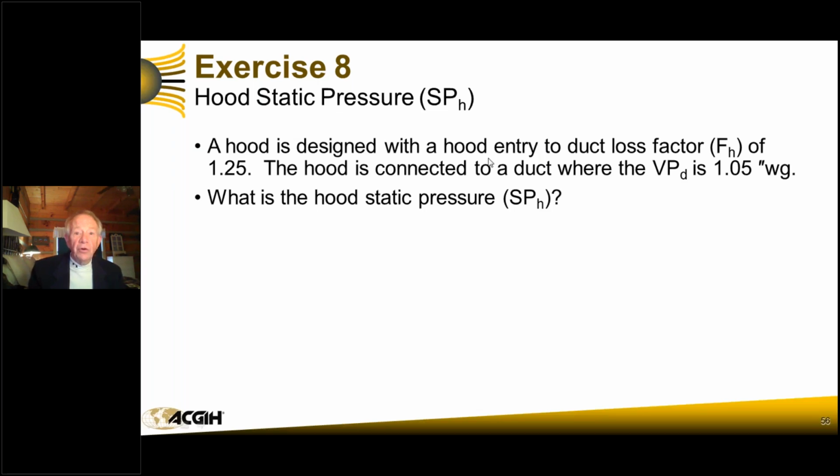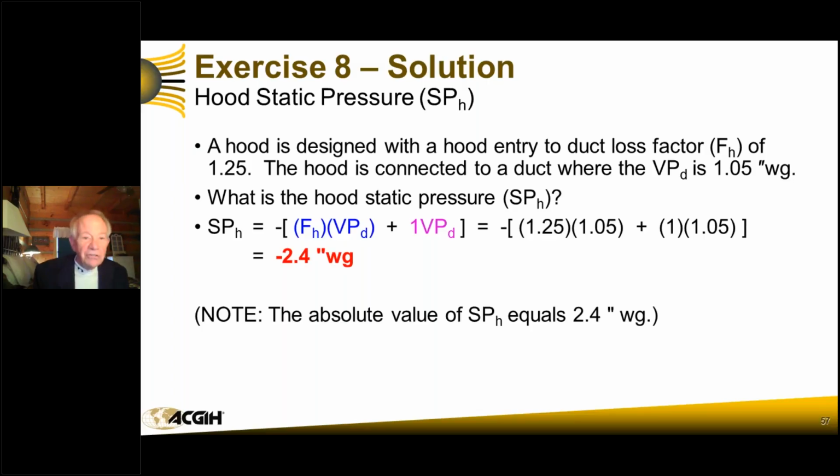So the hood is designed with a hood entry to duct loss factor of 1.25. What's the hood static pressure, SP sub H, for that hood? Well, remember, we do not have a slot. So we take our entry, we have our F sub H, and we replace that with 1.25 times the VP of the duct.